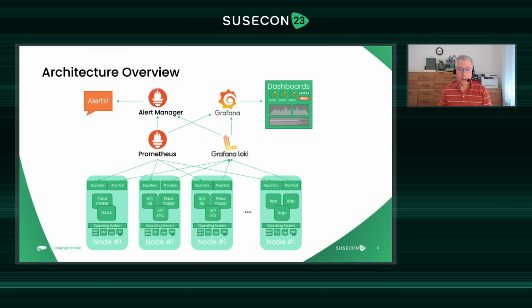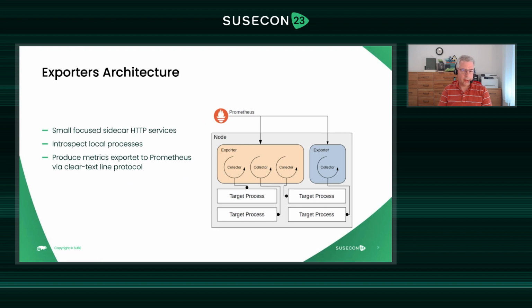And let's go deeper into the exporters. As I mentioned, these do the data collection. This is an example of how an exporter could look. You can see on the right side in the picture, you could have multiple collectors which are connected to multiple processes, and the exporter is afterwards able to expose all the metrics at once.